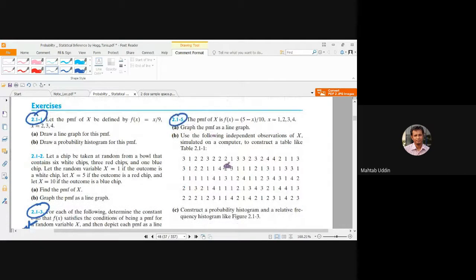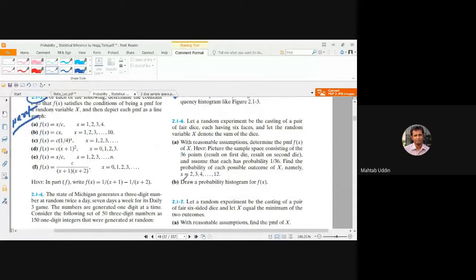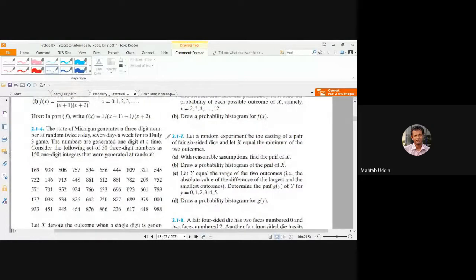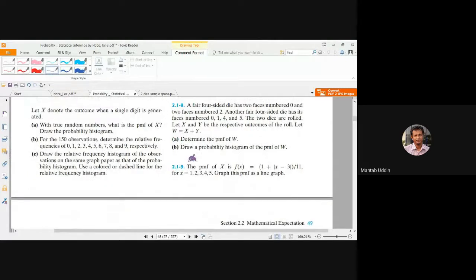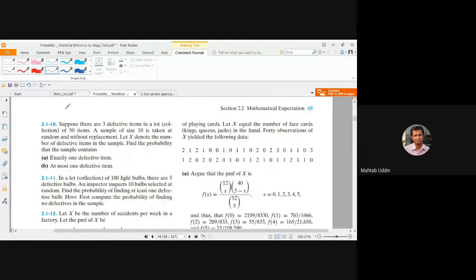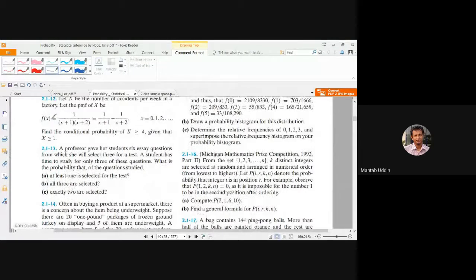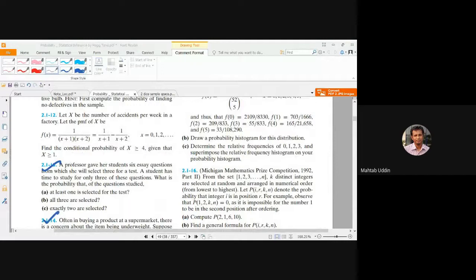B is not needed, A and C. Then 6, 7, 9, 10, 11, 13, 14. So how many maths? 10 maths. Okay, I'll do some, we'll give some as homework, and 3 will be done in the next class.